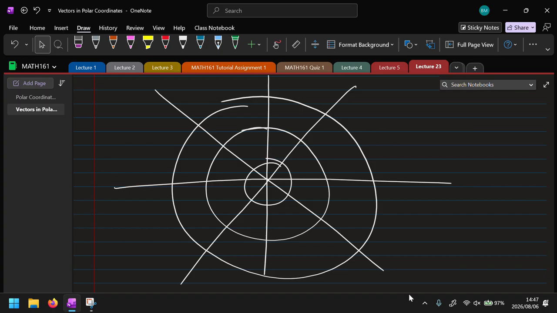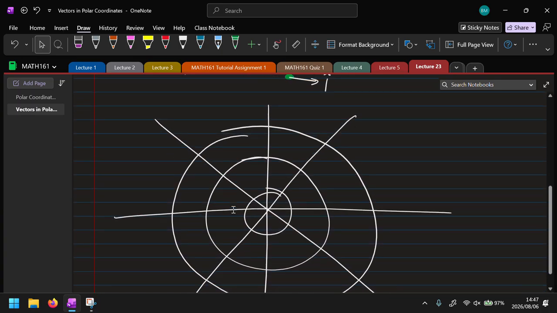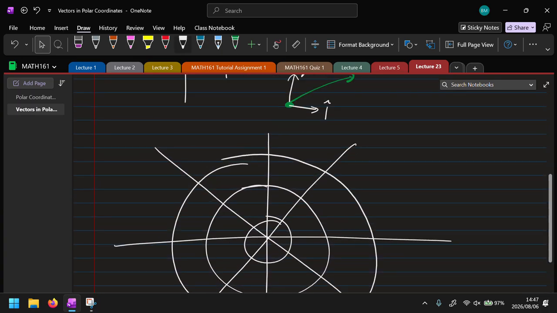Now we're going to draw the same sort of vector, but we're not going to decompose it into the i hat direction and the j hat direction. In polar coordinates, we're going to have the r hat direction and the theta hat direction. So let's pick a point, say this one over here. We're going to have an r hat, which is a unit vector in the radial direction. It's going to look something like this.